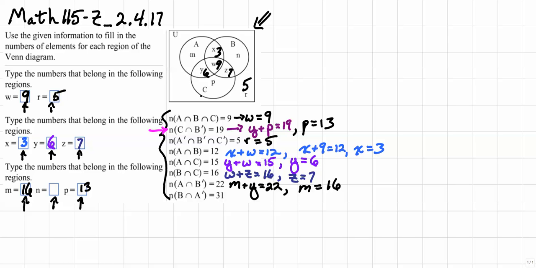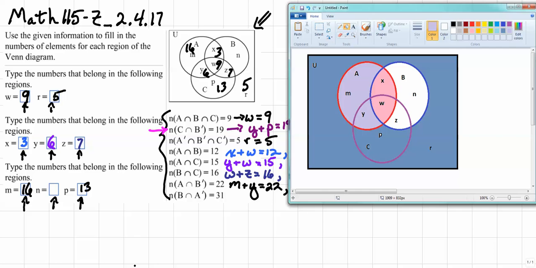We found out that M is 16, and we know that P is 13. So we're looking for this last piece, which is N, and that's going to be B intersect A complement.